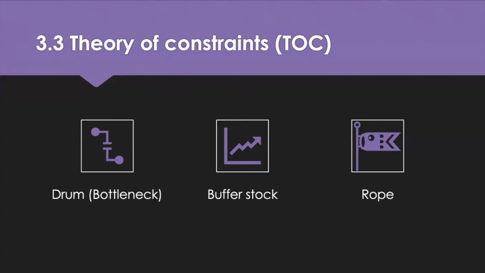So the drum, the buffer stock, and the rope, these terms are used for a series of concepts and a production planning technique that works with the known delay or hold-up point, which disrupts, should I say, the smoothness of the production flow, which ends up with a bottleneck.